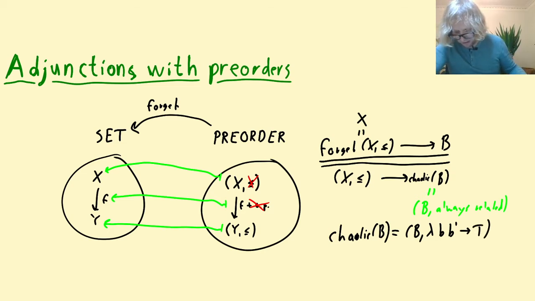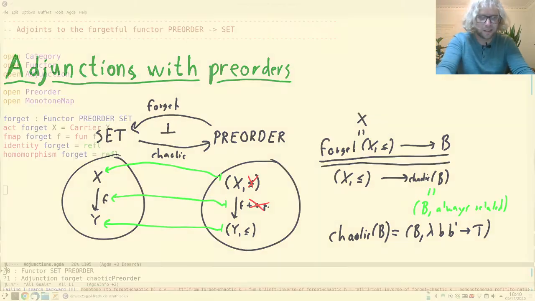It's chaotic because everything is related to everything else. And now the claim is that this is going to give us a functor going the other way, and we're hoping that forget is the left adjoint of chaotic. So let's see if we can do this in Agda.